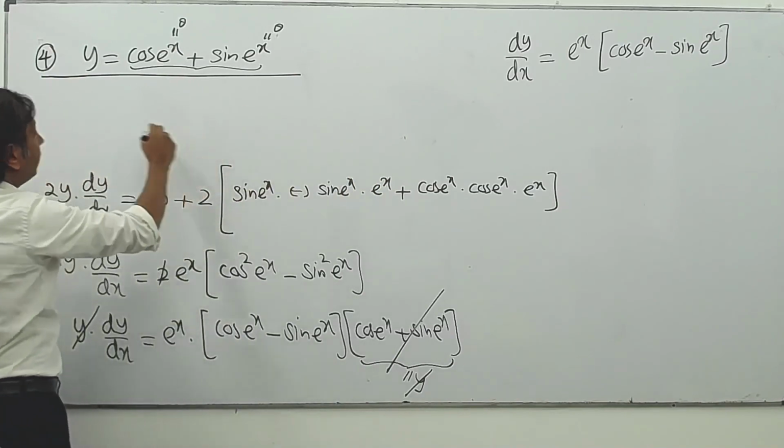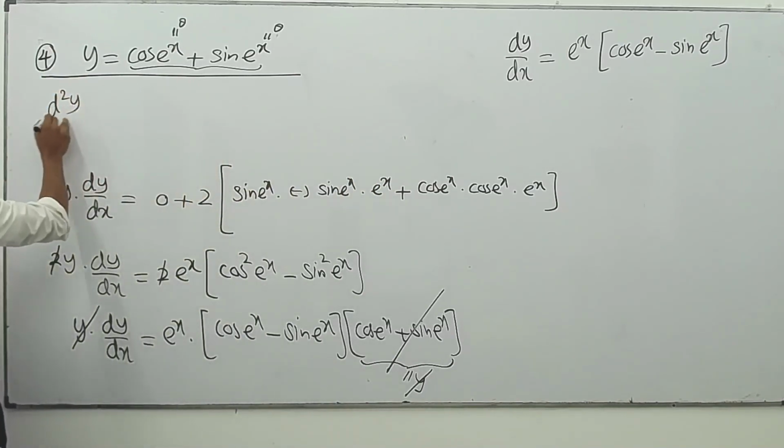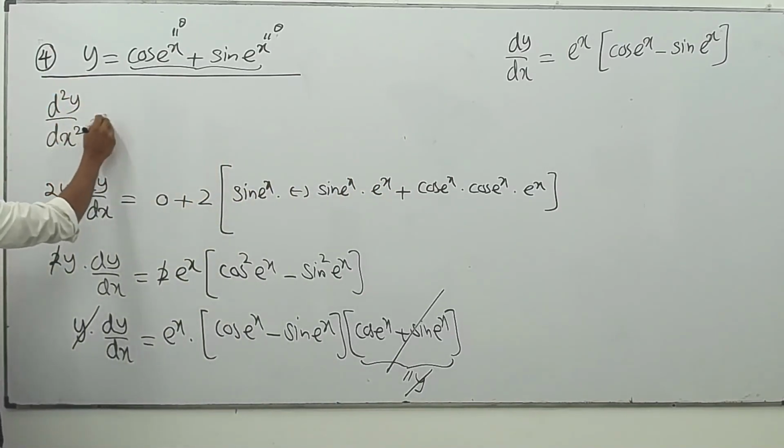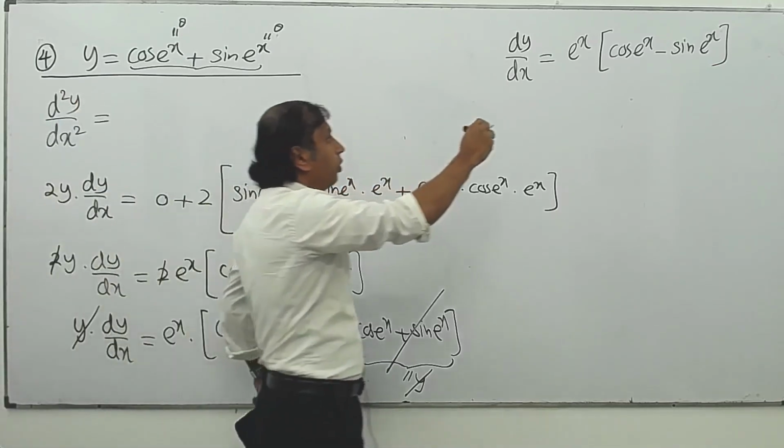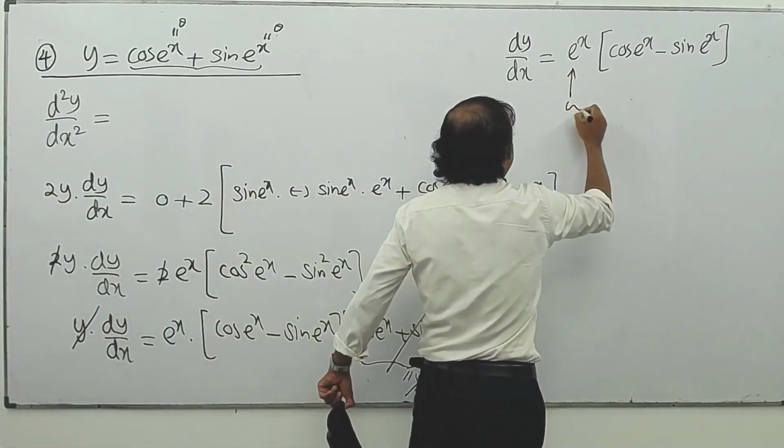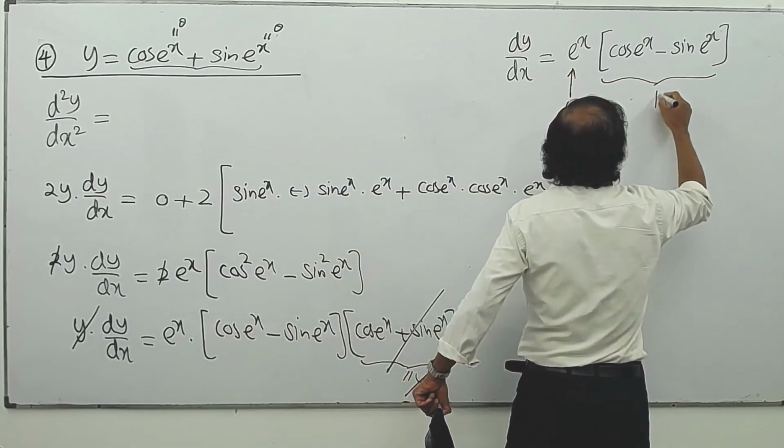Then we get d2y over dx2. This you can take as your u function, this as your v function.